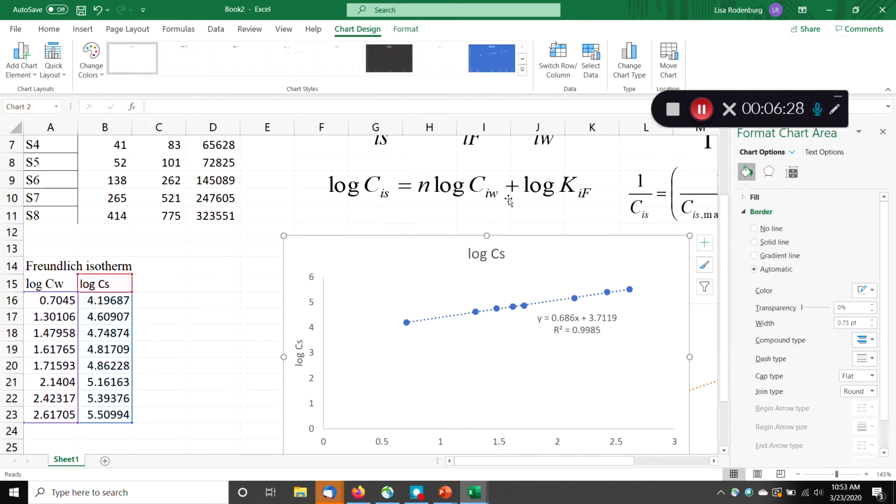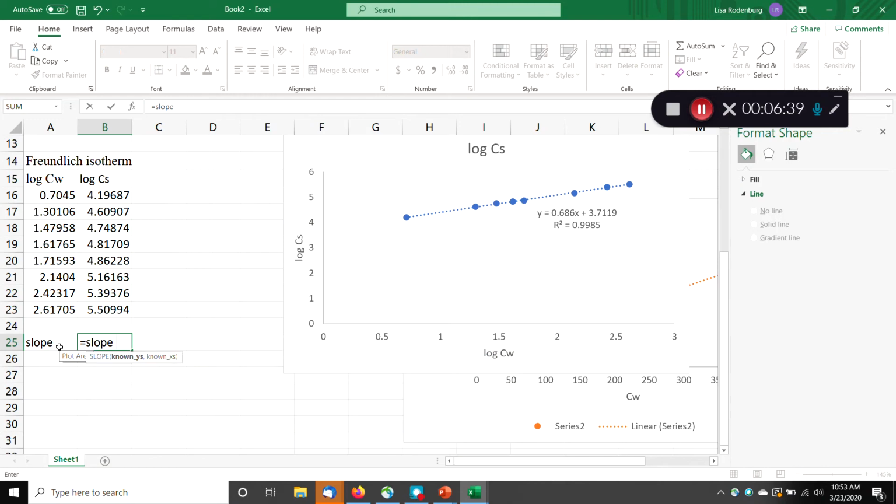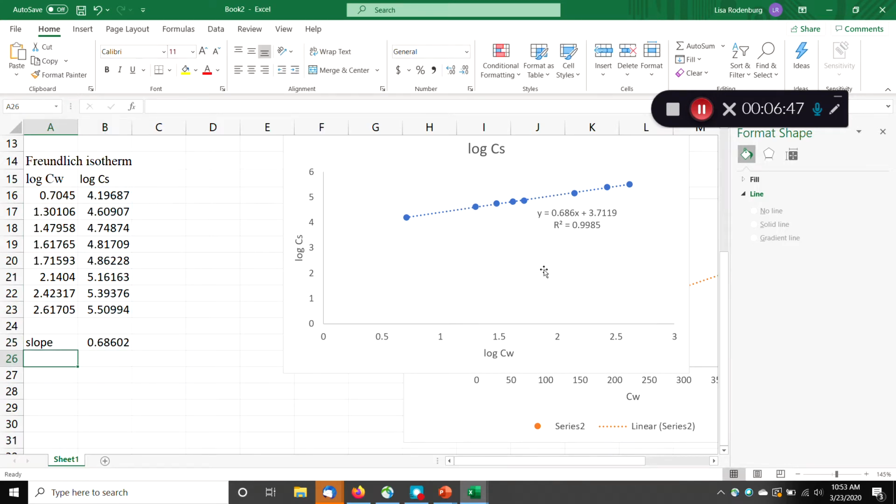Now, if I'm going to use that equation to calculate my N and my KF, then I want to know my slope, equals slope y comma x. There's my slope. Should be the same number I got here, 0.686. Yep.